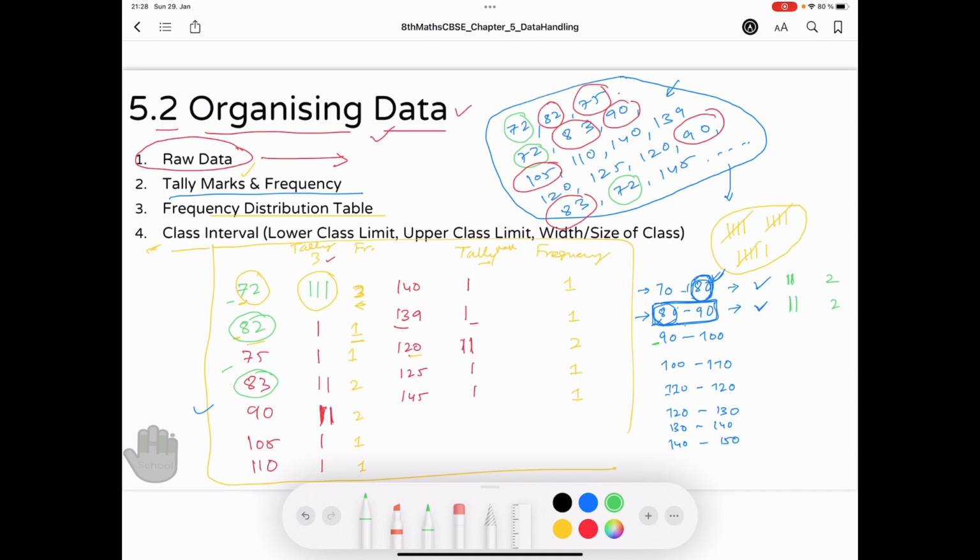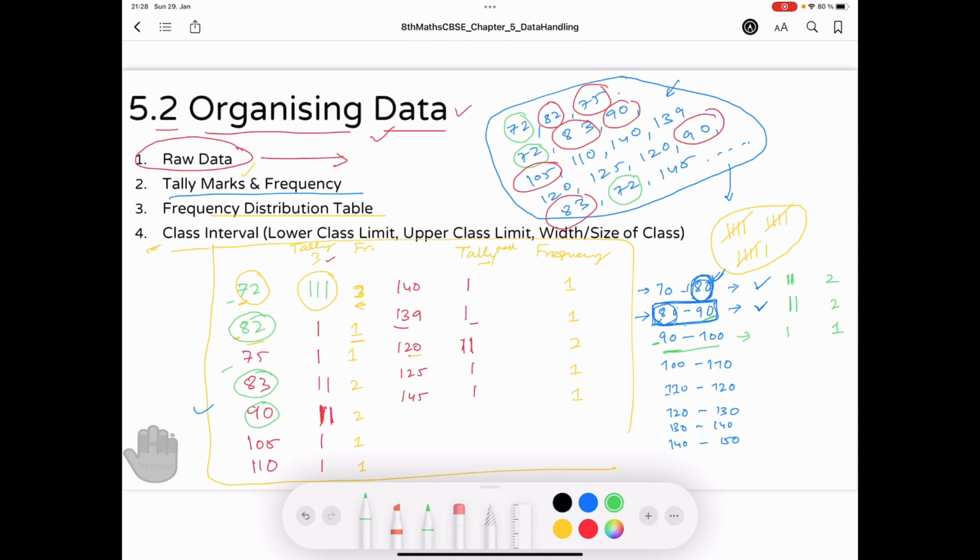In 90 to 100, the 90 will be considered. There is only one value between 90 and 100, which is 90. So we'll not put 90 in the earlier class, we'll put it here where the lower limit is 90. One value, frequency 1.